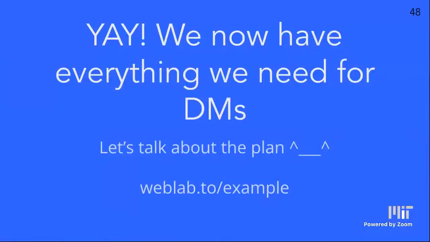All right, so we're all ready to create some VMs, but we need to figure out the plan so that we actually write a coherent web app. Let's look at the example that we wrote before on weblab.2/example.